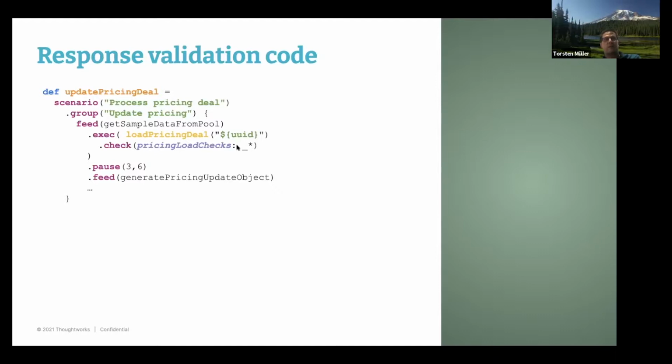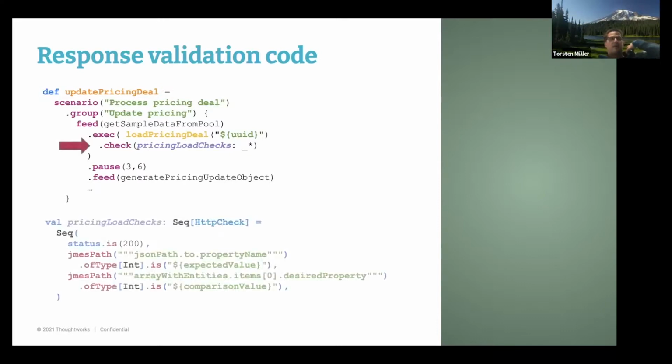And so if you're not familiar with Scala, this is called the spread operator. And essentially what it does is it takes a sequence and applies each one of those in turn. So here we would check, does the status come back as 200? The data, is it the expected value? And then we get an array with entities. Is that the value that we expect?